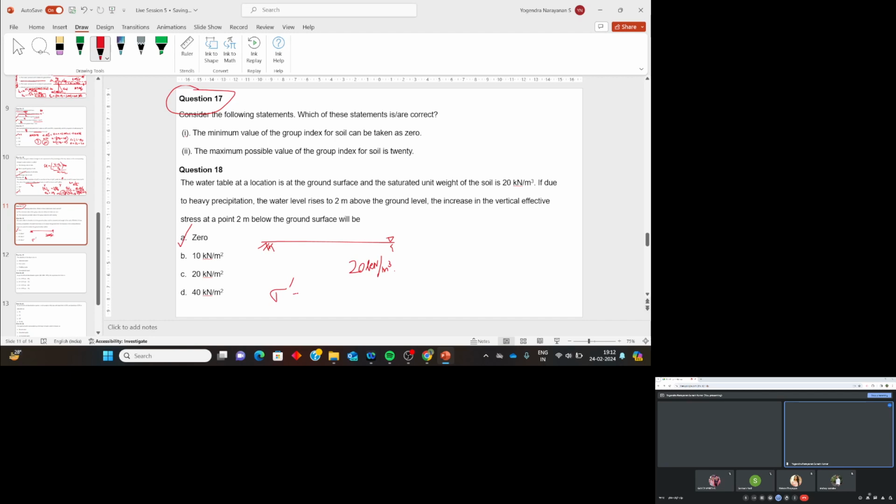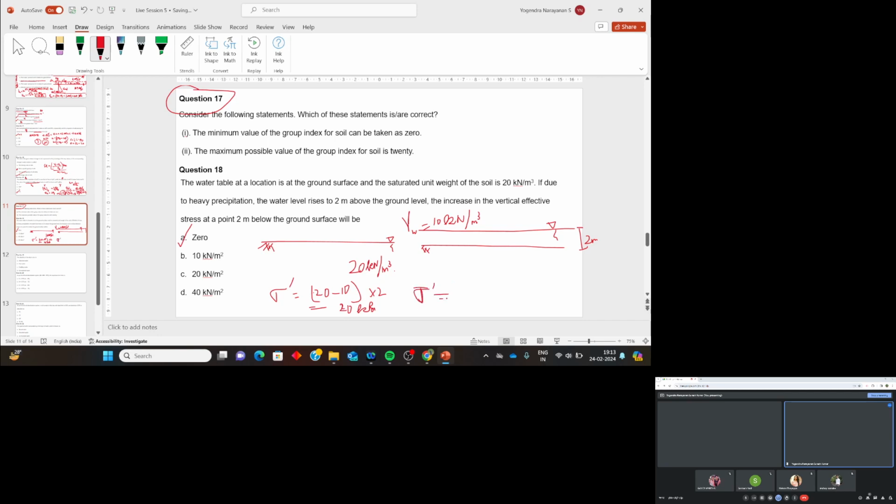Now the effective stress in this condition is, let us take gamma W as 10, 20 minus 10 into 2, which will be 10 into 2, 20 kPa. Now the water table is rising by 2 meters, and the ground level is here, and at the same point you are supposed to calculate.